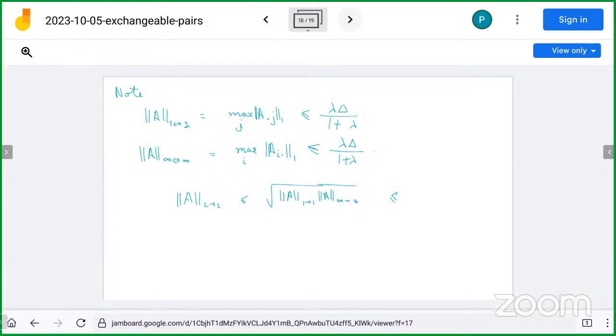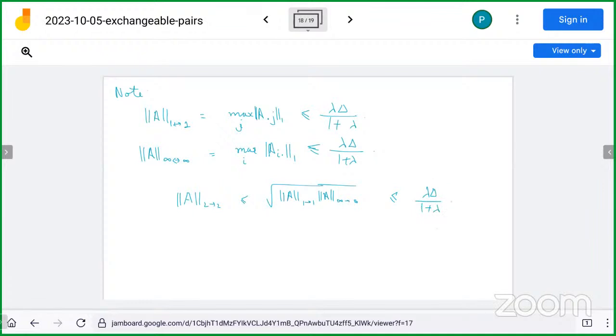So this is 0, this is 1, this is 1/2, and the log is 1. So what does this say? This is lambda, delta, 1 over lambda.